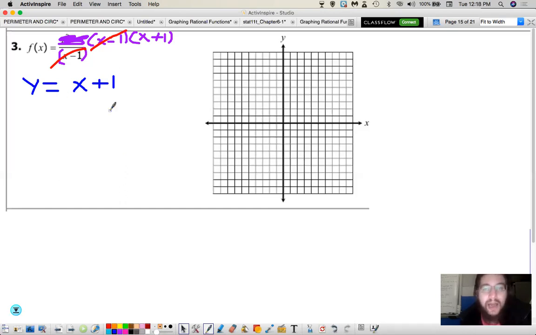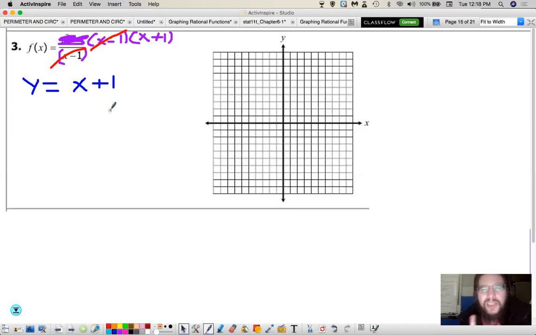There's no denominator, right? So no more asymptotes. I don't have a vertical asymptote because there's nothing that would make the denominator equal 0, because there's no denominator. I don't have a denominator, so I can't compare the degree of the numerator and denominator to get a horizontal asymptote. I just got a line.